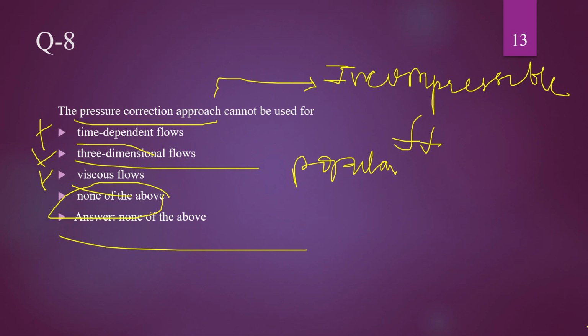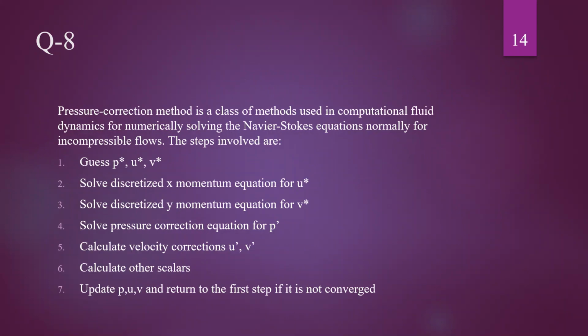In the next slide, we have given the steps involved when we are going with the pressure correction approach. Pressure correction method is a class of methods used in computational fluid dynamics for numerically solving the Navier-Stokes equations. Normally for incompressible flows, the steps involved are as follows.